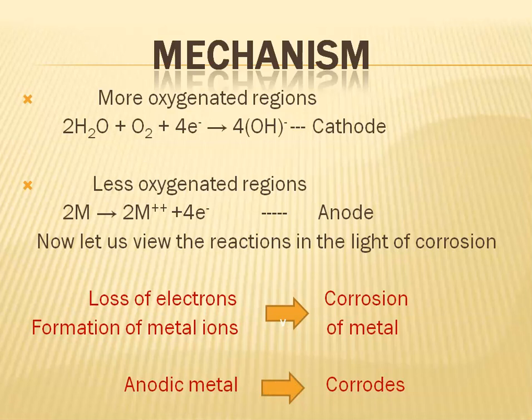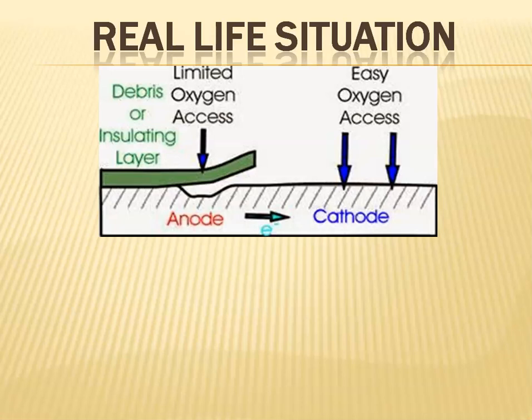Let us understand oxygen concentration cell type corrosion with some examples. Now, this is a metallic surface. The metal surface at one end is uncovered and therefore is exposed to more oxygen, while on the other side it is covered.